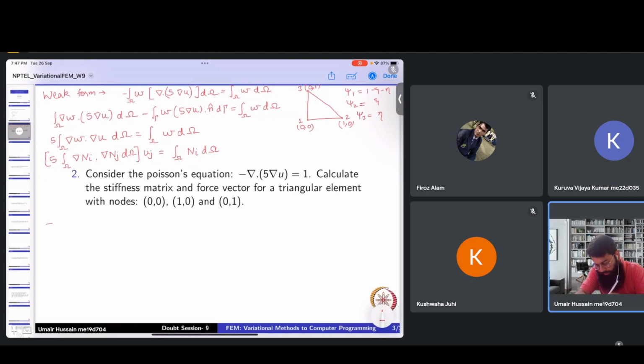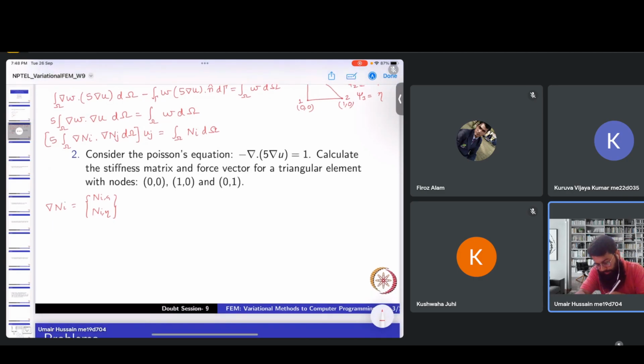Gradient Ni means a vector, Ni comma xi, Ni comma eta, and this is being dotted with the gradient of Nj. So this here is our stiffness matrix Kij, and this here is our force vector Fi. So let us first find Kij.